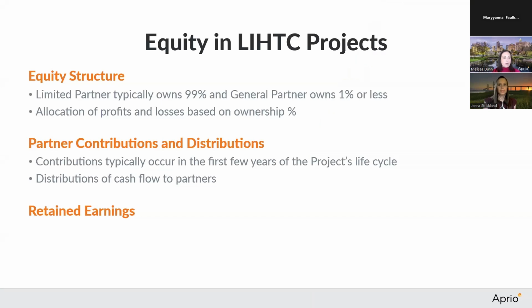The limited partner contributes most of the equity to construct the project, and they often have around 99% ownership. The general partner holds a smaller ownership interest, typically around 0.01% to 1%, but they are responsible for the day-to-day operations. The net income or loss generated by the project is allocated to each partner based on their ownership percentage.